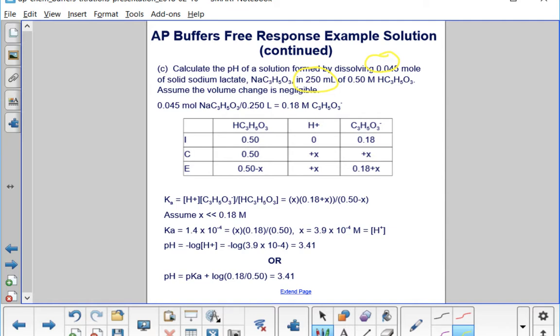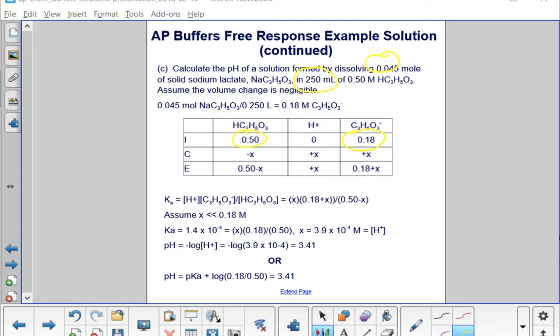So I have this initial amount of acid and base. And so, of course, once I add the sodium lactate to the 0.5 molar lactic acid, the equilibrium is going to shift, right?